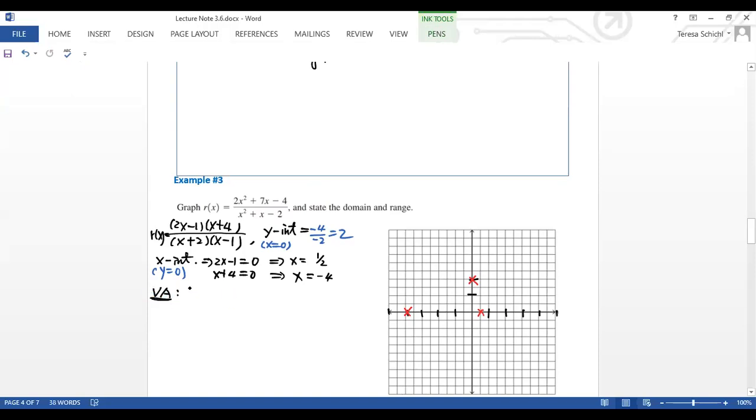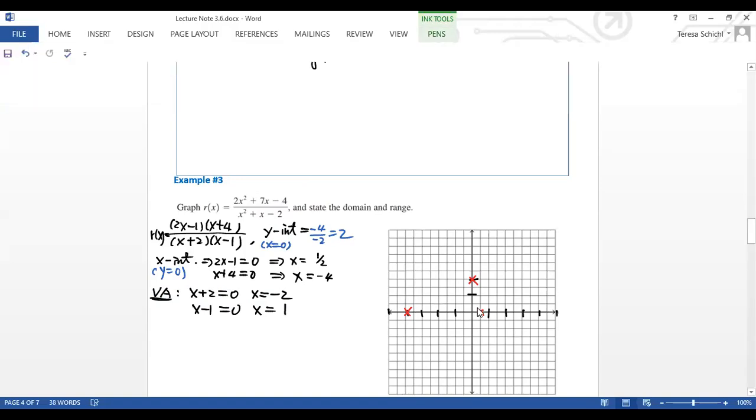So x plus 2 equal to 0 gives x equal to -2, and x minus 1 equal to 0 gives x equal to 1. These are my vertical asymptotes.